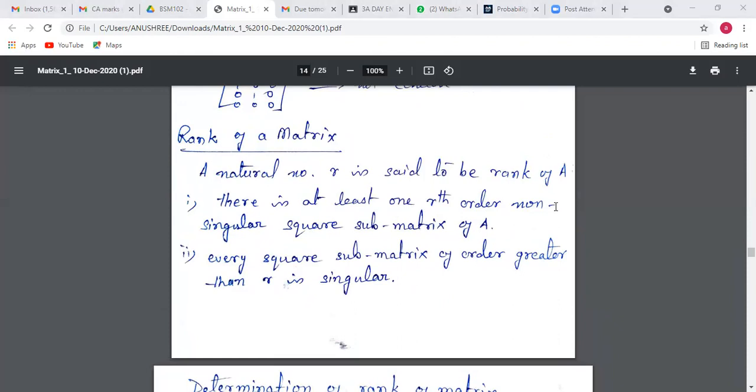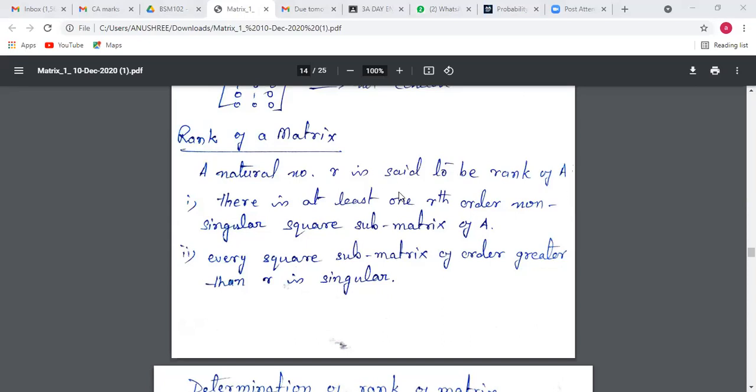Second criterion: every square submatrix of order greater than R is singular.